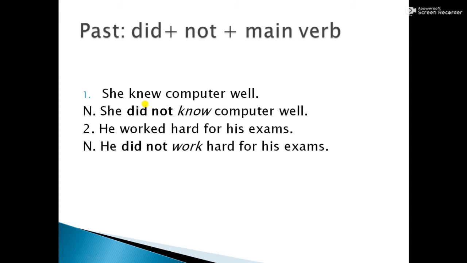Now, please carefully look at the negative sentence. She did not know computer well. Did plus not plus the original form, first form or base form of know.